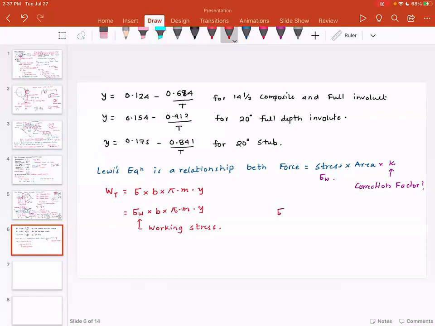Working stress, sigma W, is the allowable static stress, which is sigma, multiplied by a factor called CV, or the velocity factor. So this is the static stress.